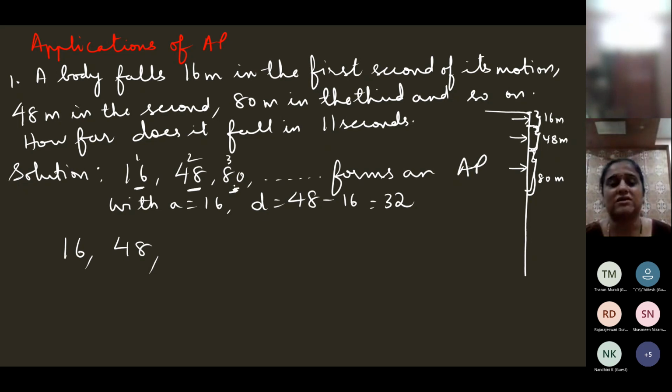The third term is during the third second. The fourth term will be the distance traveled in the fourth second, the fifth term in the fifth second. So the 11th term will represent the distance traveled in the 11th second.